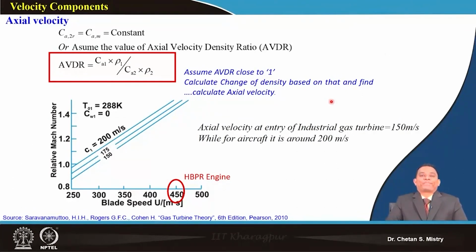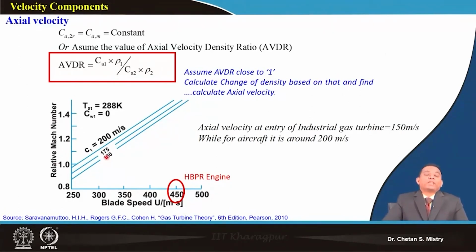density ratio. Okay, and if you recall, this is the plot we were discussing when we were looking for higher aerodynamic loading or higher pressure ratio, or per stage pressure ratio. And here, this is representing my blade speed versus relative Mach number, and these are nothing but, we can say, my entry absolute velocity.